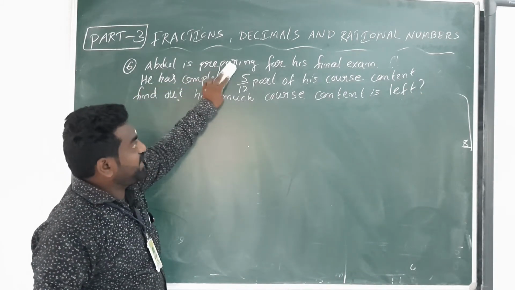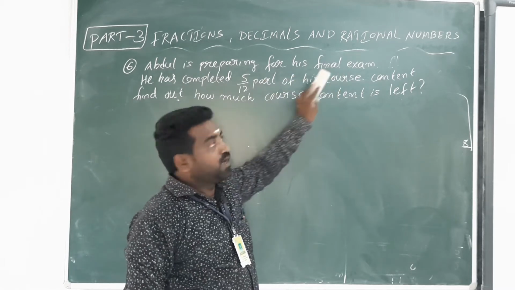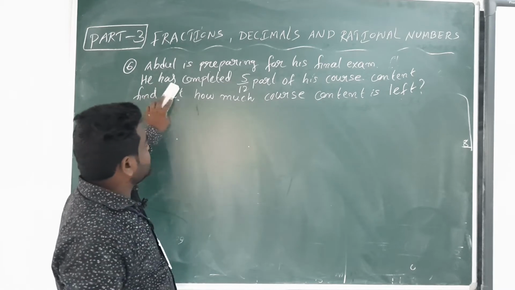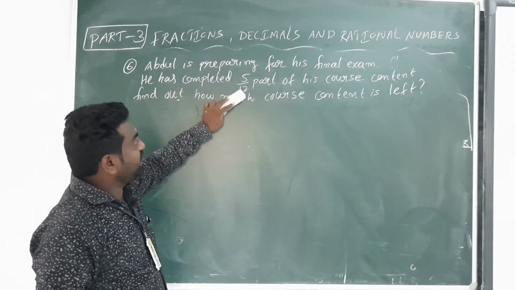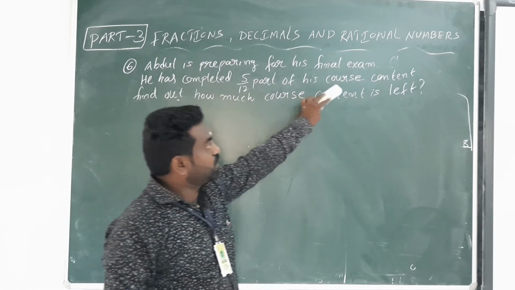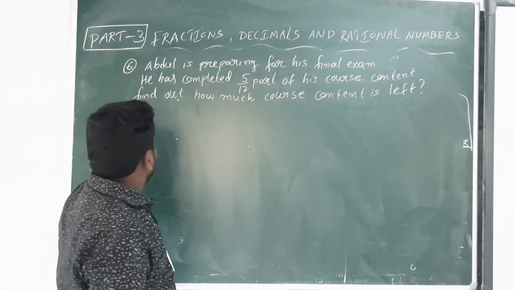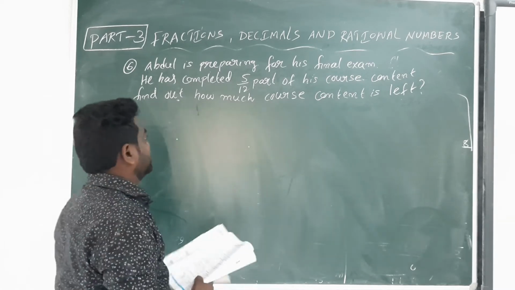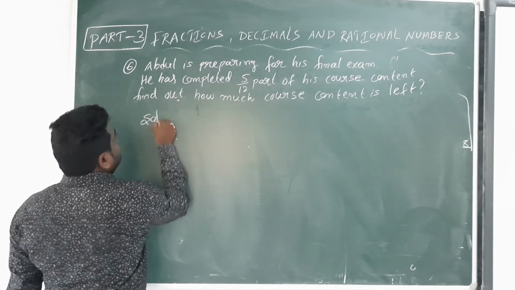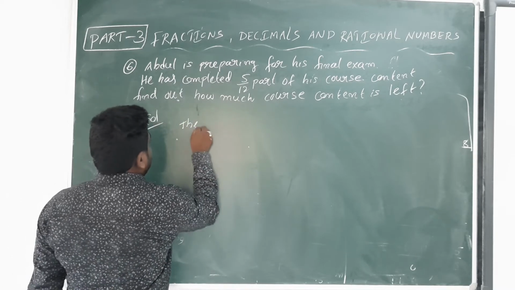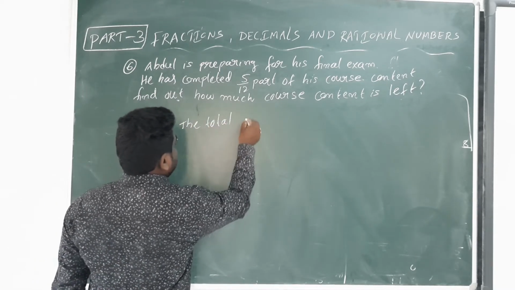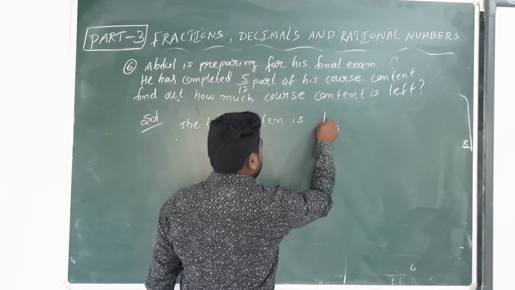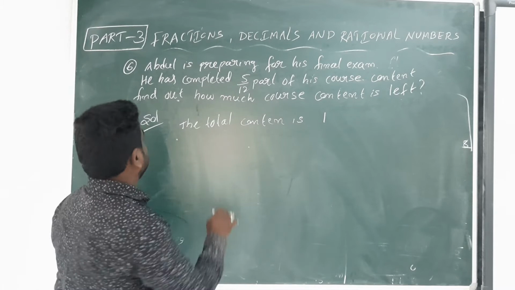Abdul is preparing for his final exam. He has completed 5/12 part of his course content. Next, we find out how much course content is left. Now, solution. The total content is 1.